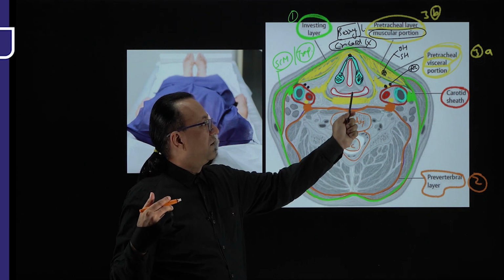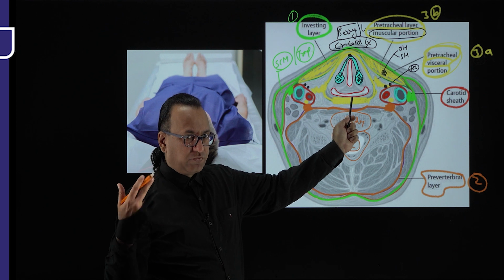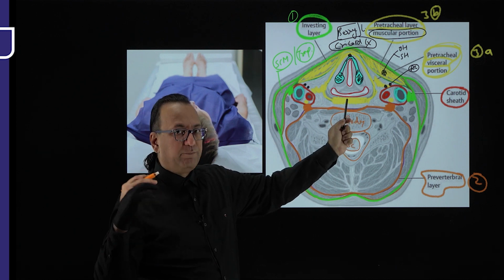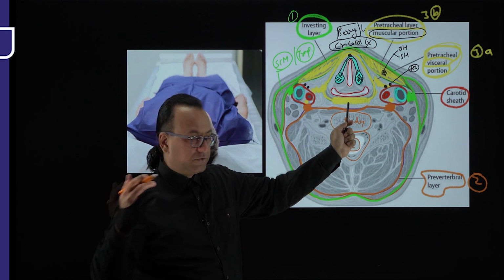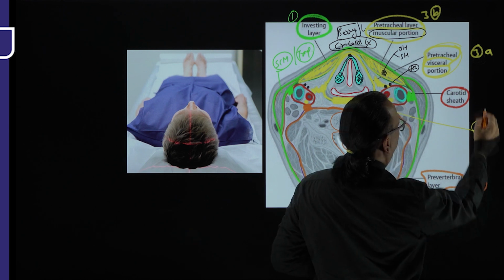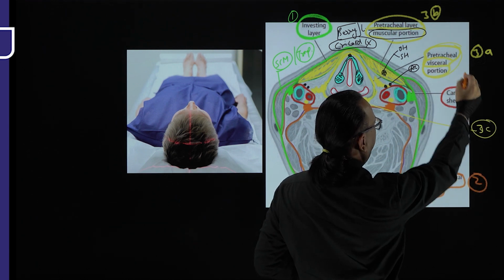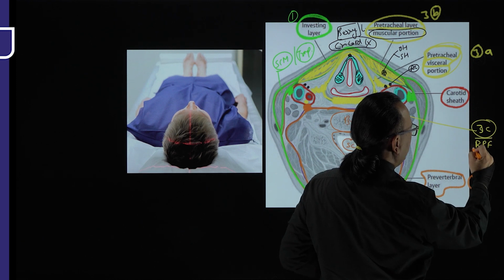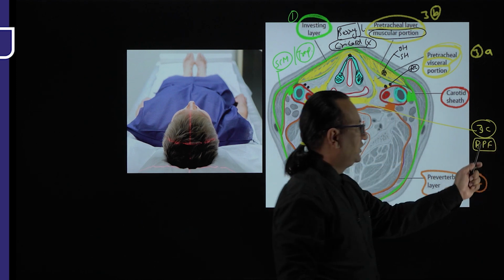So behind the gut tube, may it be the pharynx or the esophagus, the pretracheal fascia gets modified to be called the buccopharyngeal fascia. So here I am putting 3C, the pretracheal layer of deep cervical fascia modified as buccopharyngeal fascia. So what exactly is buccopharyngeal fascia?